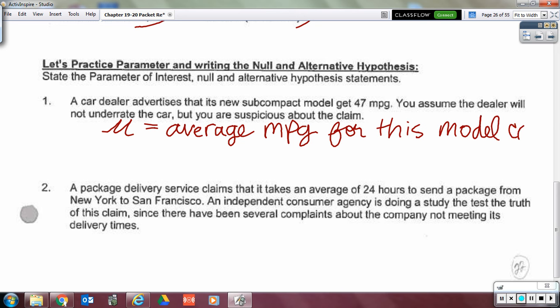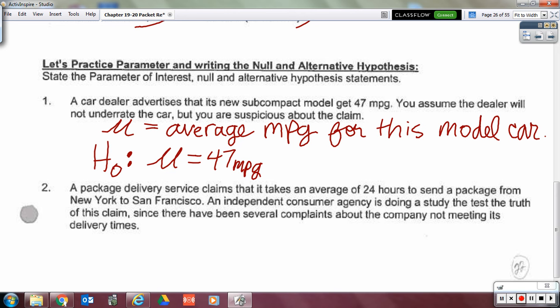Okay, that's what this problem is about. And the claim, the null hypothesis, is the claim. And what is the claim? Okay, but don't just put 47. Put mu equals 47 miles per gallon. Okay? Don't forget the mu equals.